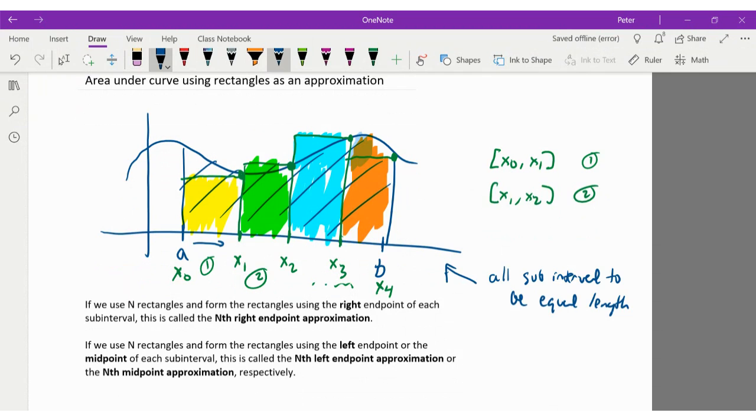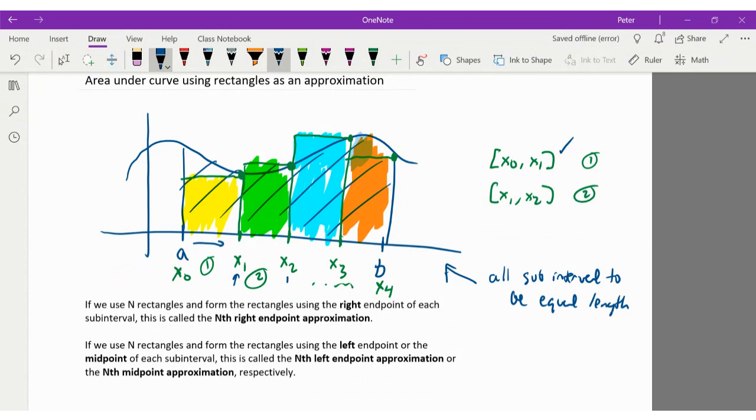I don't have to do it that way. I could make them different lengths, but just for convenience, I'm making them the same length. The other thing I've done is to describe the height of each rectangle. To form the height of each rectangle, I've chosen the right endpoint of each of the subintervals. So here's the right endpoint of the first subinterval.